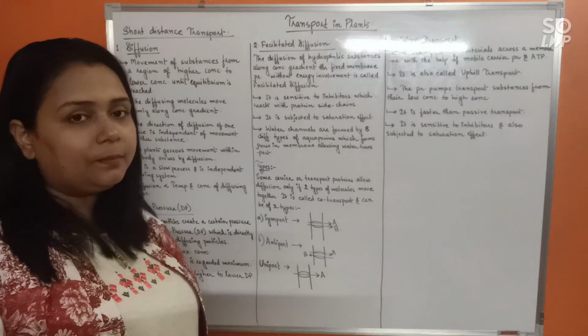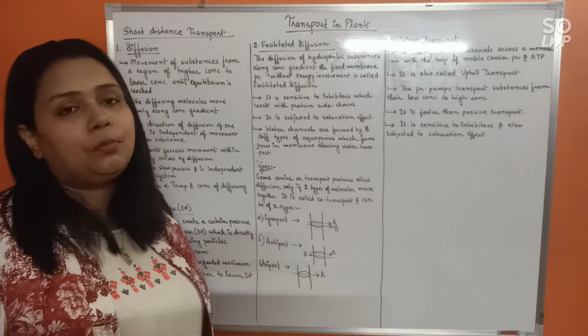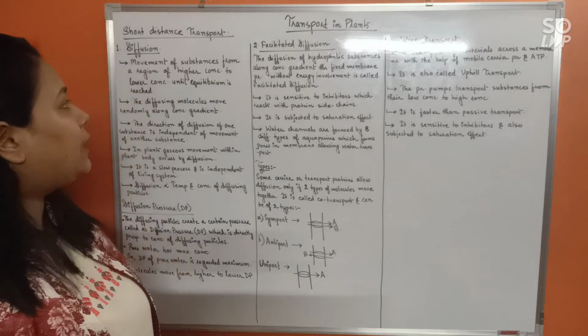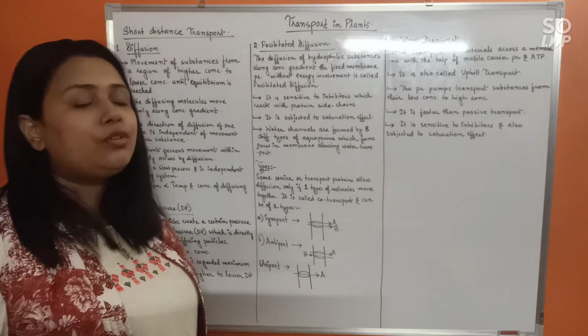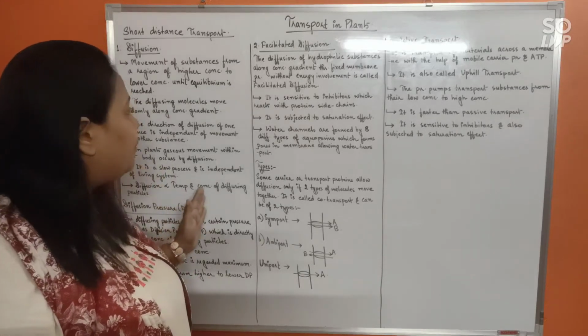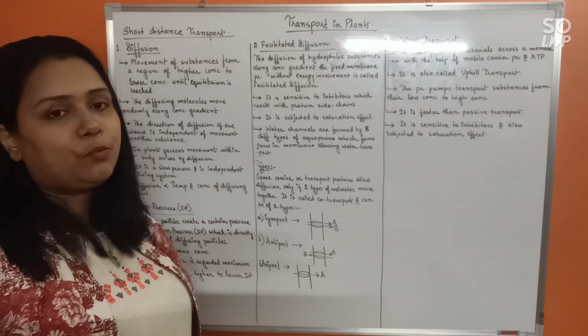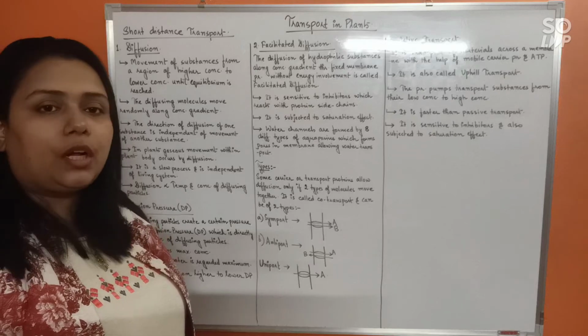Understood this? Clear? You can look at the diagrams to make yourself more clear about it. So that's all regarding facilitated diffusion. Do remember, simple diffusion and facilitated diffusion are both regarded as passive transport or downhill transport.